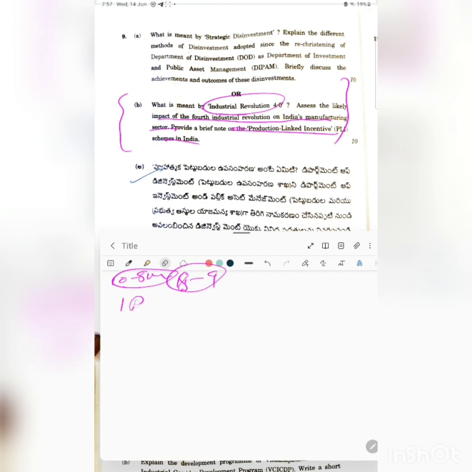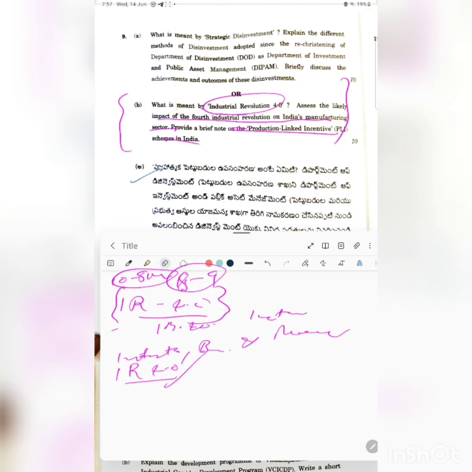So I just simply wrote what is Industrial Revolution 4.0. I have no broad definition. I simply wrote that Industrial Revolution 4.0 refers to integration of industrial technology, biotechnology, and neural networks in order to promote Industrial Revolution 4.0.